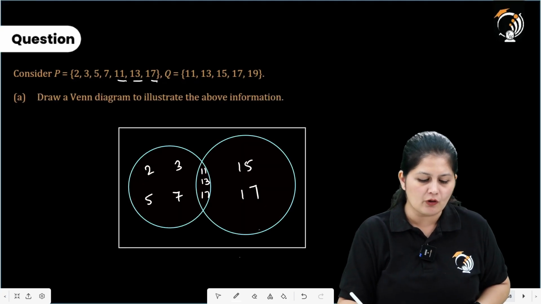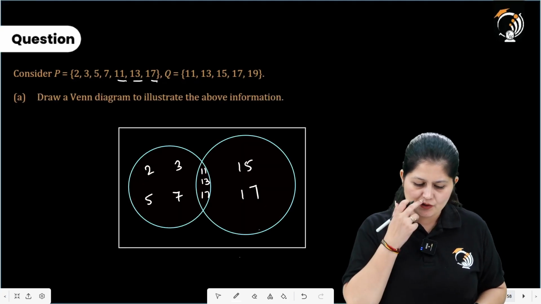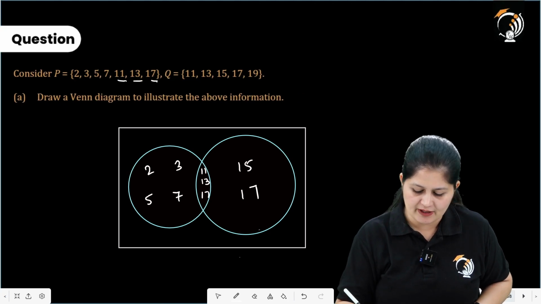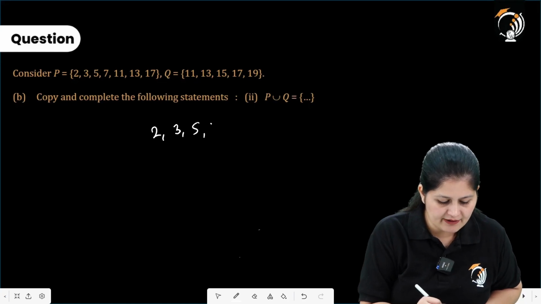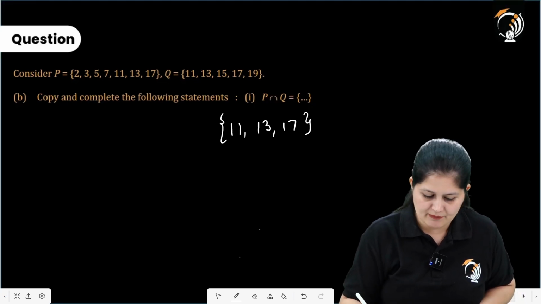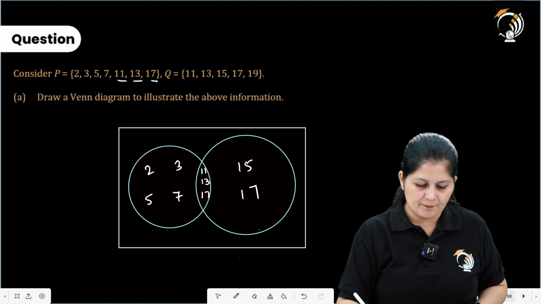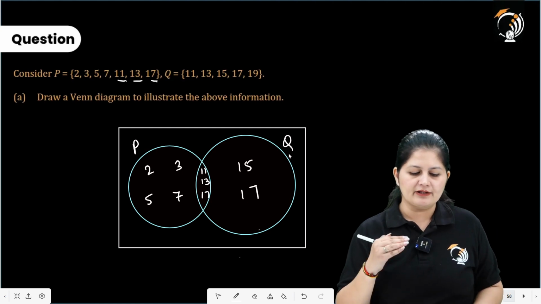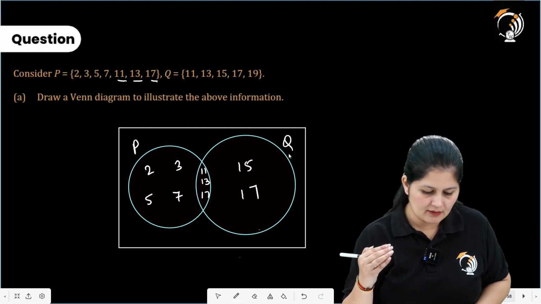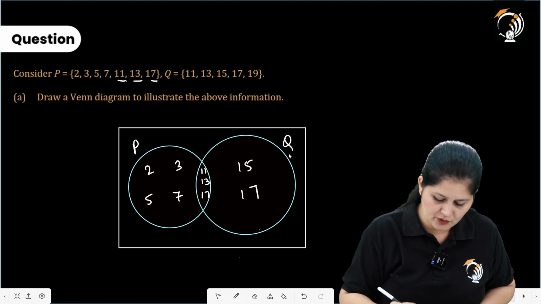So we are going to include all the elements here, which is going to be 2, 3, 5, 7, all the elements of P we have written. Let me just write it as P and Q. Then we are going to write the common elements, which is 11, 13, 17.